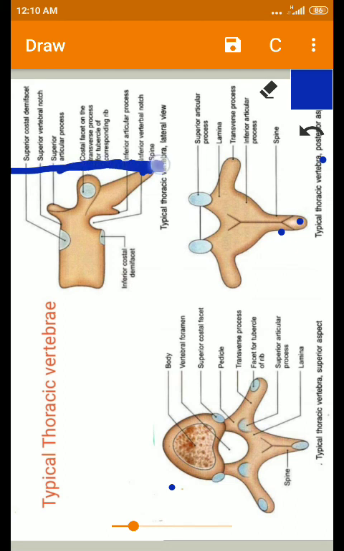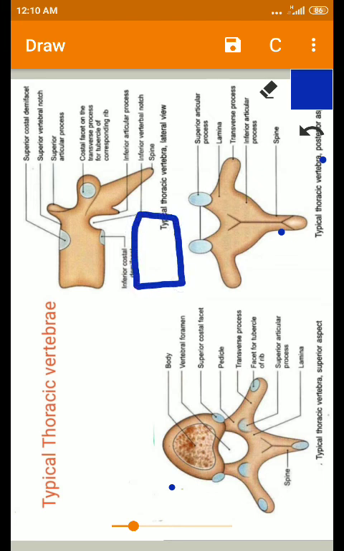That means all vertebral spines are attached by the supraspinous ligament. And also the interspinous ligament. If you have another body with its pedicle and then spine, then in between these two spines, one ligament is present. That ligament is called the interspinous ligament.